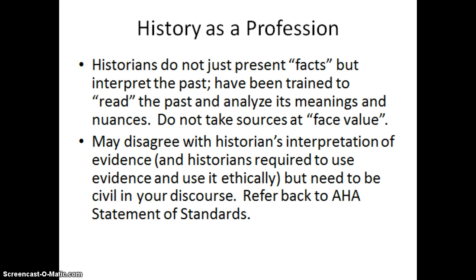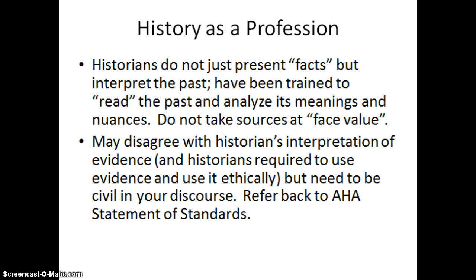So, as I've mentioned before, in terms of postmodernism, historians are probably far more sophisticated than postmodernists would like to admit. You may disagree with a historian's interpretation, and I'm sure you will, because we all disagree with what other historians have said. A historian needs to be careful that a historian uses evidence properly, and you can disagree with a historian's interpretation of evidence.